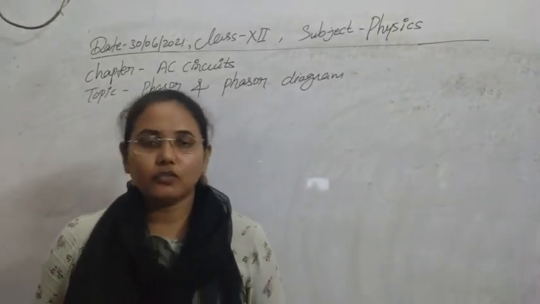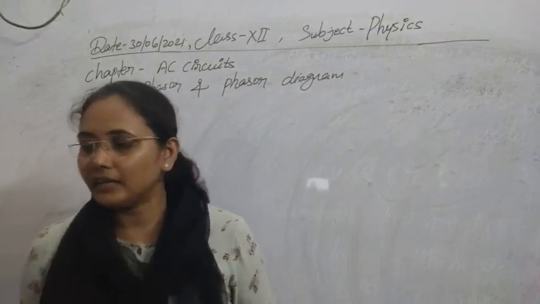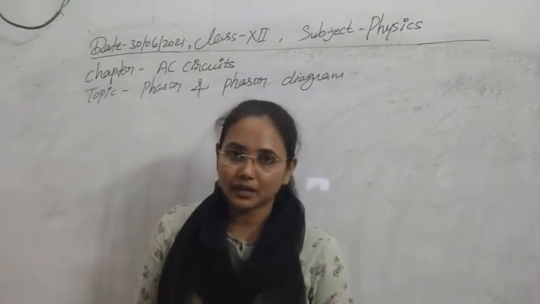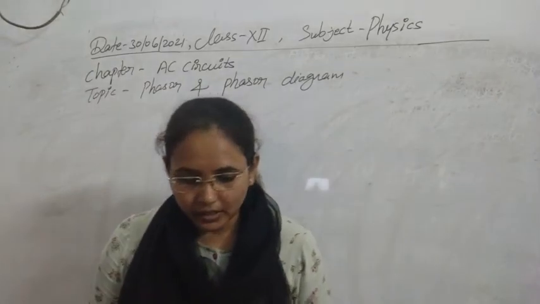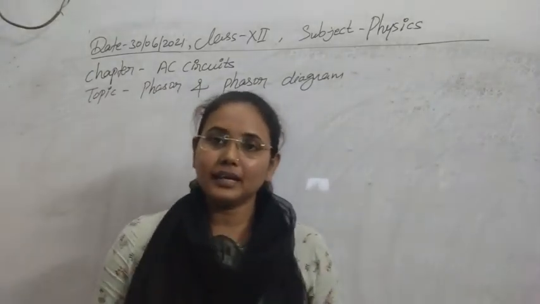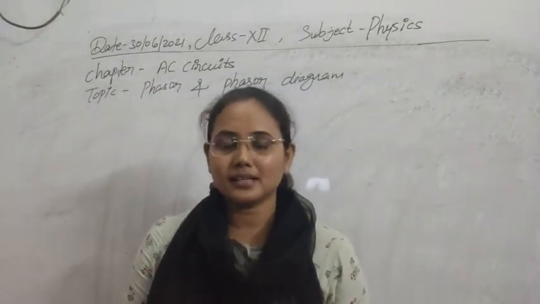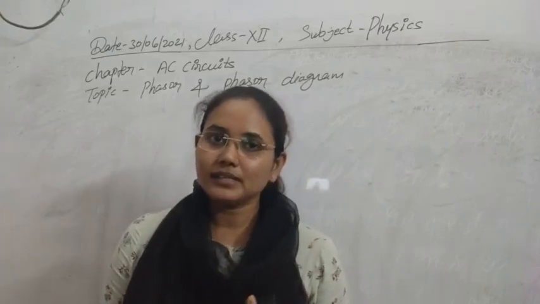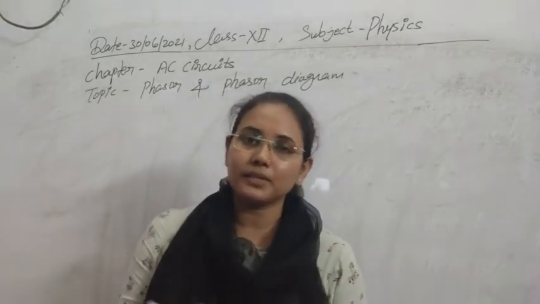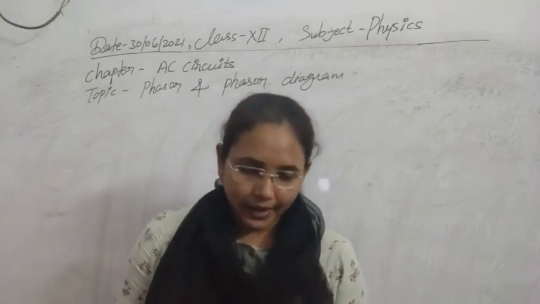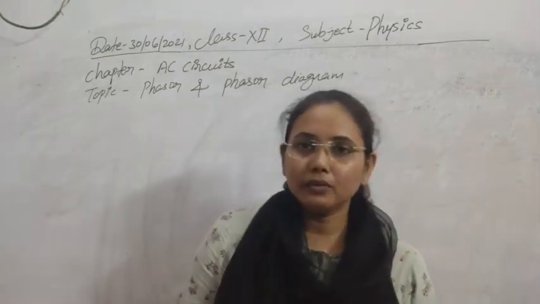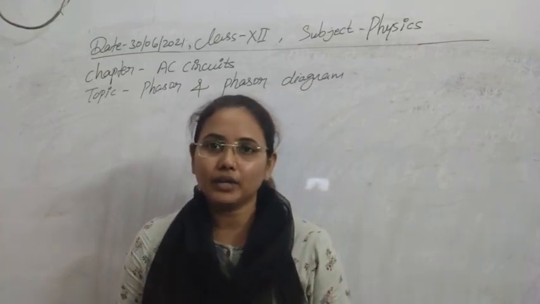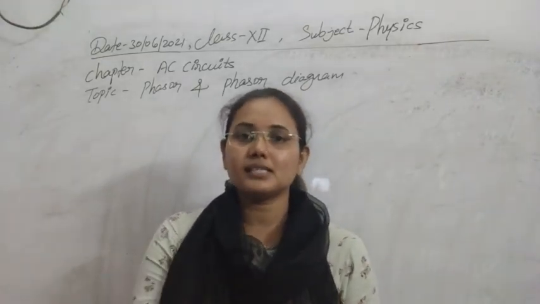First, what is a phasor and why do we need it in alternating current? As you know, alternating current depends on the direction, and its direction is continuously changing with time, so we need some vector quantity to represent its direction with time. Also, current and voltage are not always in the same phase.